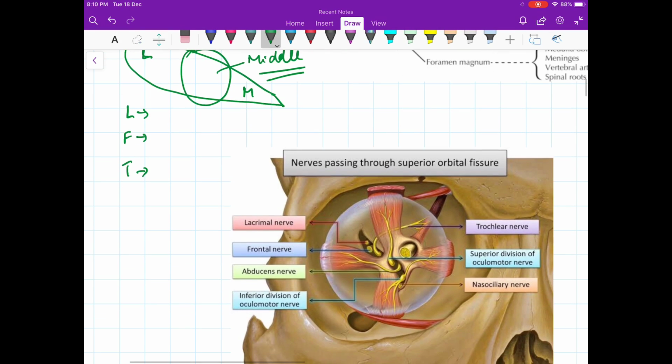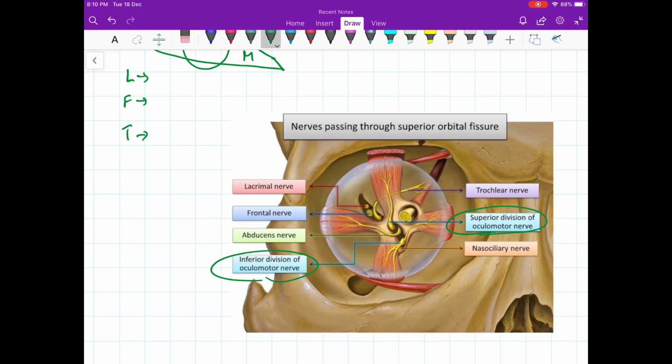Through the middle part is superior division of oculomotor nerve, inferior division of oculomotor nerve, abducens nerve, and nasociliary nerve.